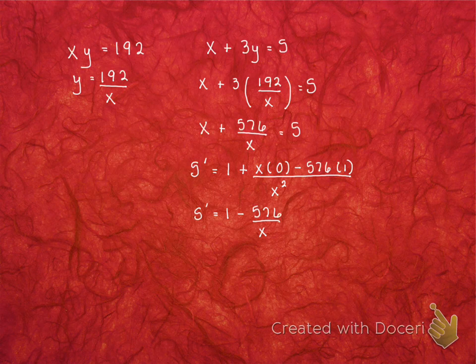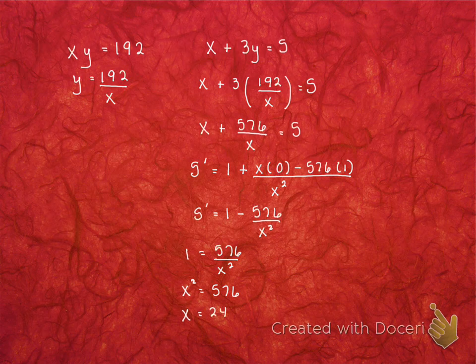Okay? Then we're going to subtract the 1, and if both sides are negative, both sides are positive. Solve for x squared. X squared is equal to 576, and the square root of 576 is 24. Okay.